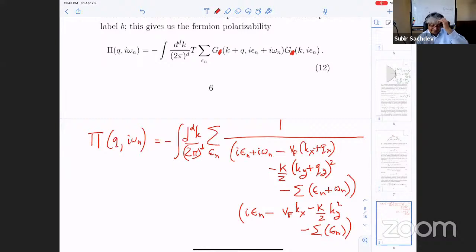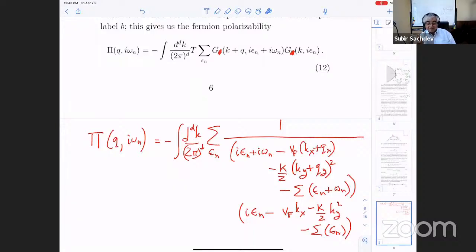Now, what we did when we computed the Lindhard function was we ignored the self-energy, first of all, and then we did the frequency summation. And then we got the Lindhard function. And then we had to do a very complicated momentum integral. What we're going to do now is reverse the order of things.